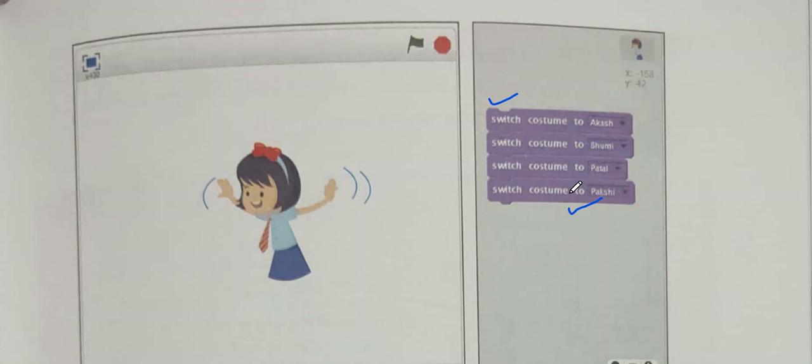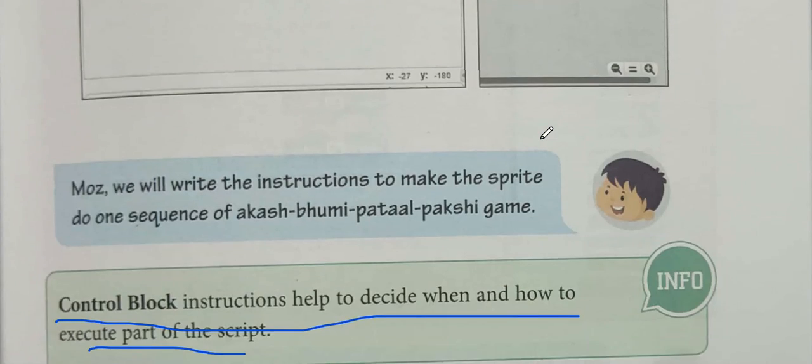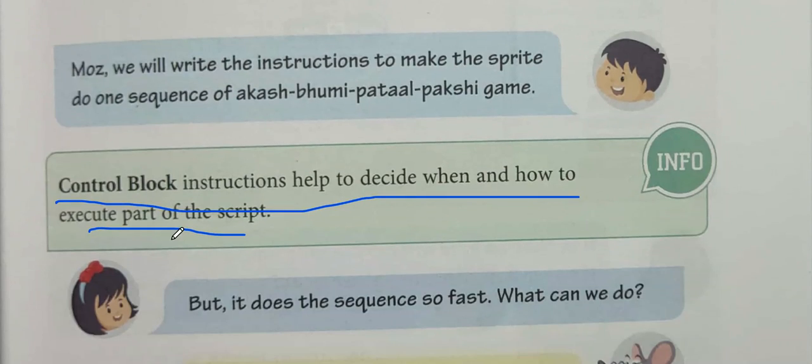So if we want to see each and every costume changing with every instruction, then we have to introduce the wait instruction, and we will find this wait instruction inside the control block. Control block is used to control the execution of the script.